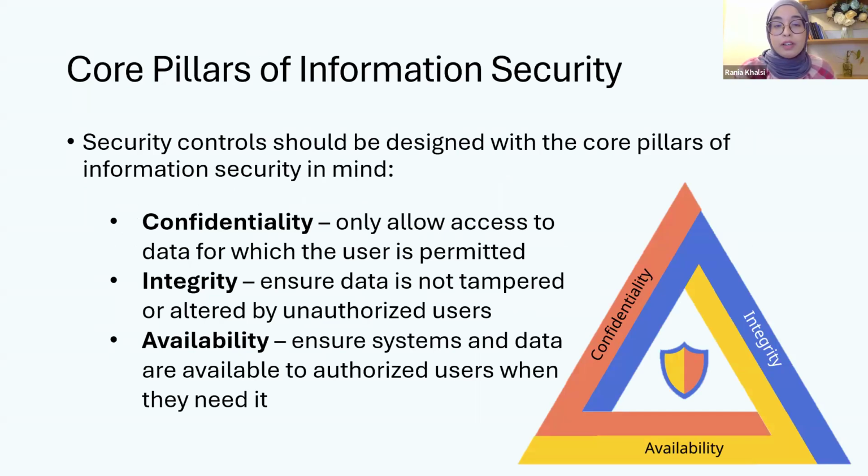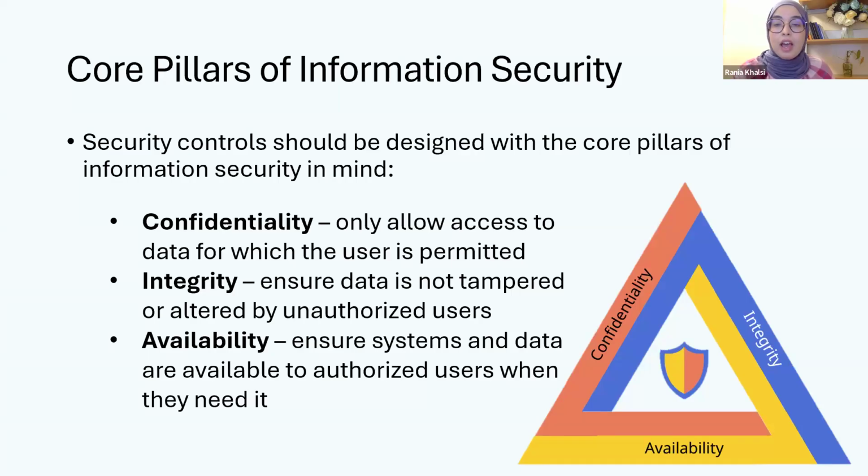Now, moving forward, all security controls are designed with three core pillars of information security in mind. This is known as the CIA triad. C is for confidentiality, I is for integrity, and A is for availability.